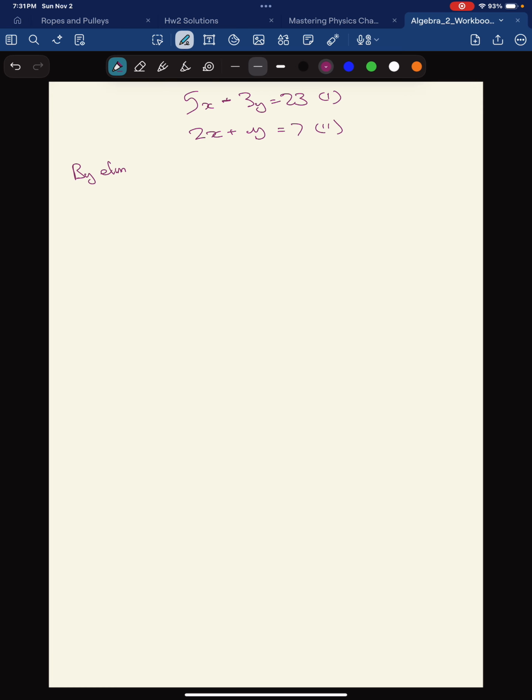All right. So, the goal of elimination is to remove one variable by adding or subtracting two equations.